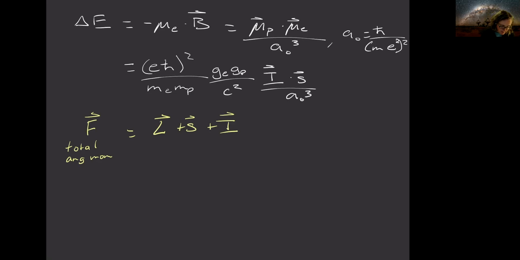And in our situation where we're dealing with the S state, then L is 0. And so F just becomes S plus I. And that means that for hydrogen, it can be equal to F of 0 or F of 1 in its ground state.